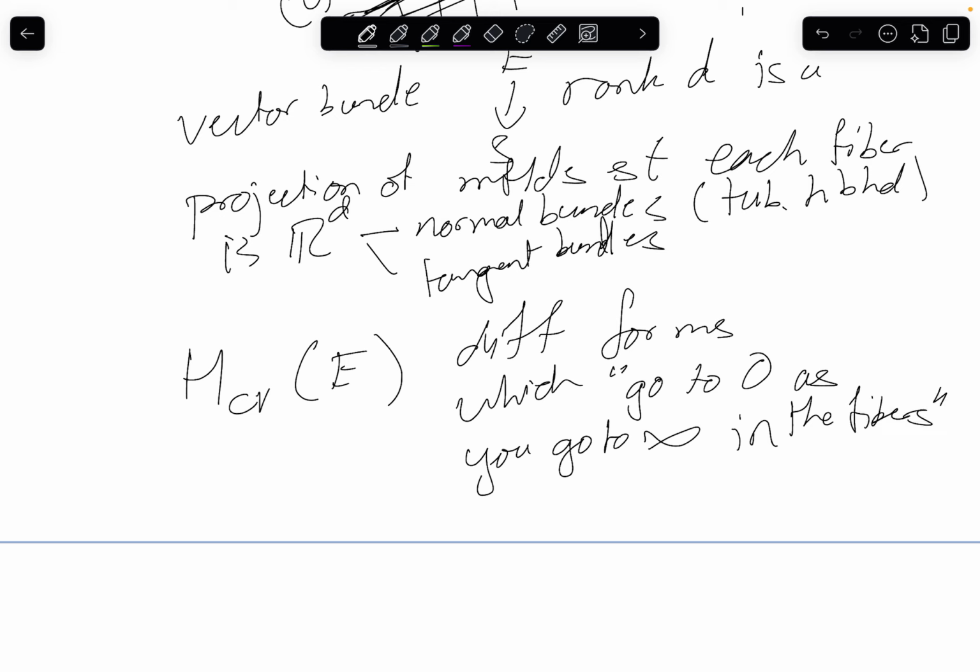So this is essentially what we were doing with the tubular neighborhood. We want something which goes to 0 away from it, and that way you can put this thing inside of a manifold if the vector bundle represents a tubular neighborhood of something. And we can extend it to 0 outside, right?